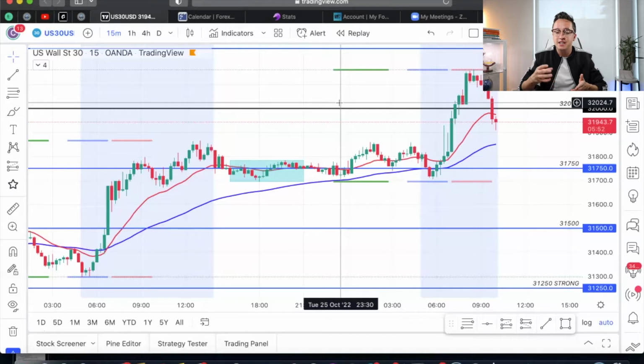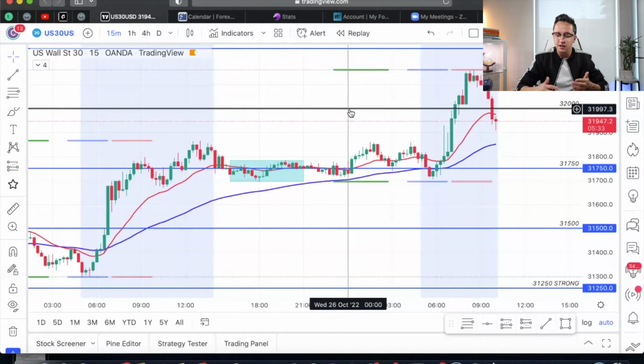Now that time is 9:30 a.m. EST, because I wish the stock market was based in California and the time is 9:30 over here and 6:30 in New York, because it is honestly sometimes really hard to trade at 6:30 in the morning with US30. And we need to understand that the movement is going to be occurring at 6:30 a.m. PST, 9:30 a.m. EST. And that's because that's when the stock market is opening up.